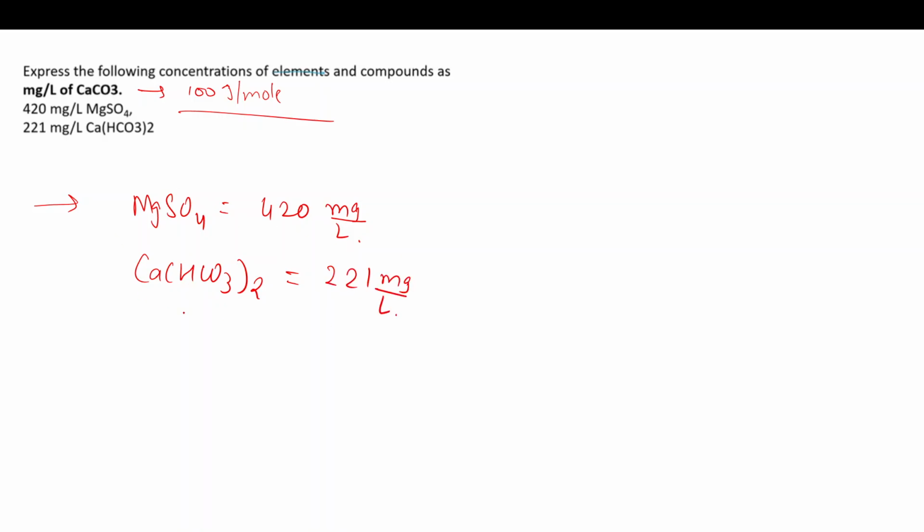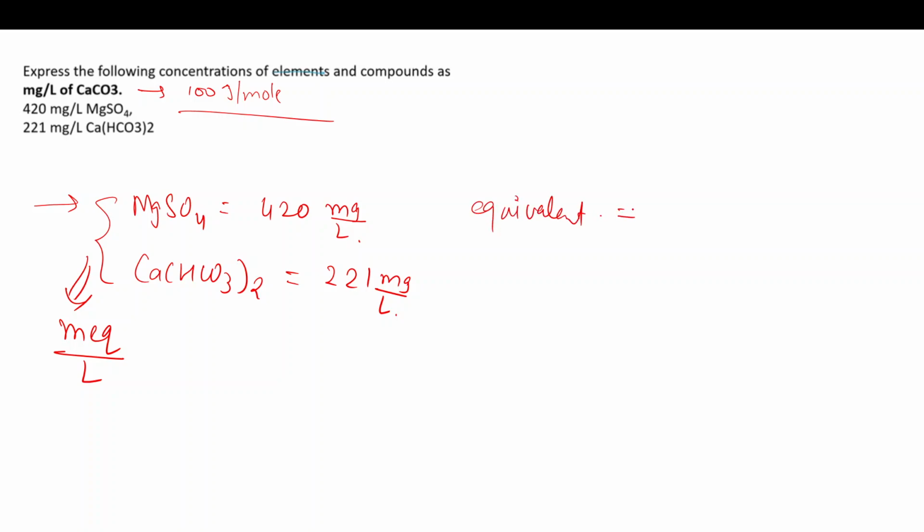When you want to convert into milligrams per liter of calcium carbonate, first you need to convert into milli equivalents per liter, and only then will you be able to convert it, right. Each of these might have a different molecular weight and different valency, hence it is easier to express in milli equivalents per liter. So let's calculate the equivalent weight of each.